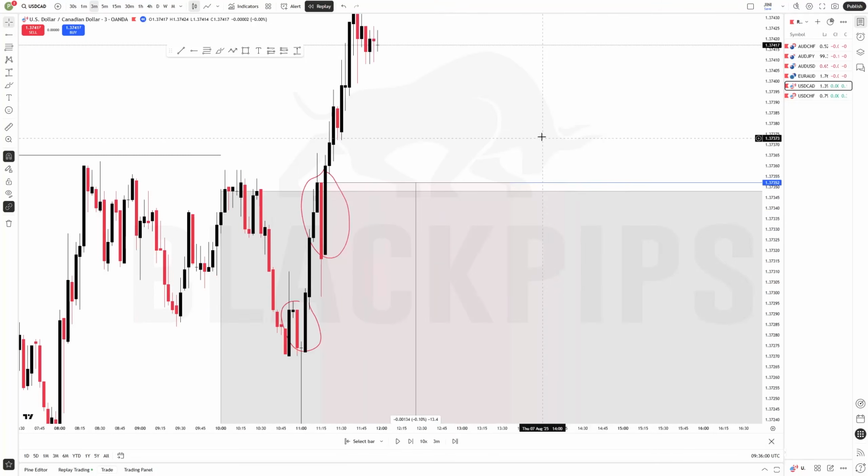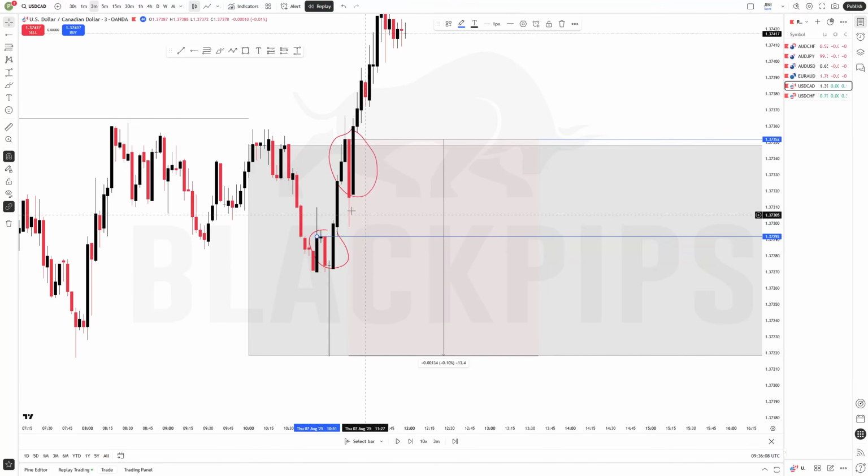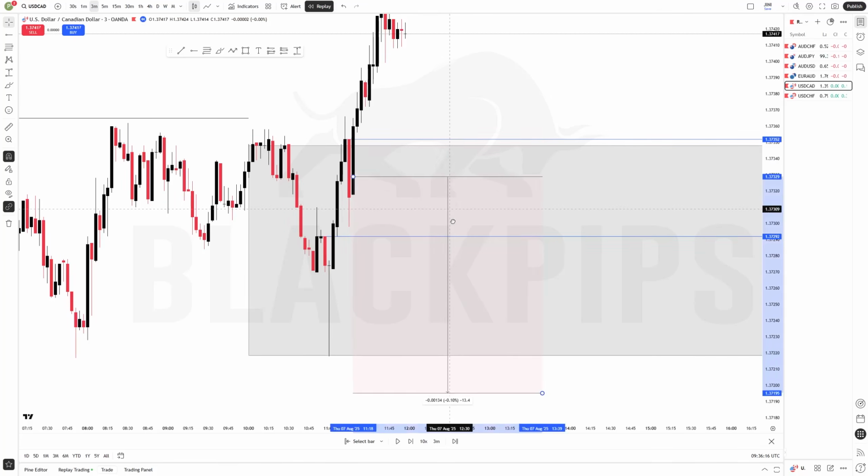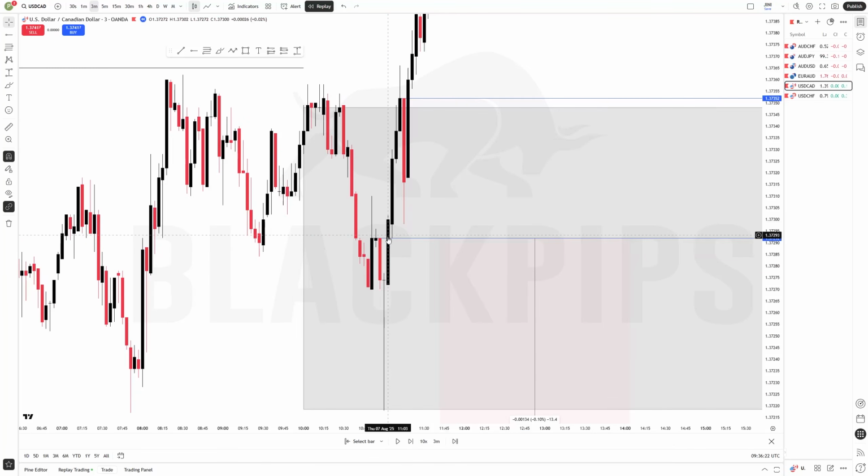After the market takes this, we can be sure that the market can come and take this one. But what you can see on this Oanda broker is that Oanda said this formation was already consumed by this week.